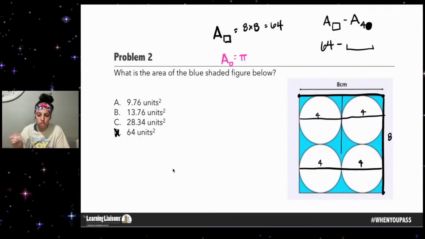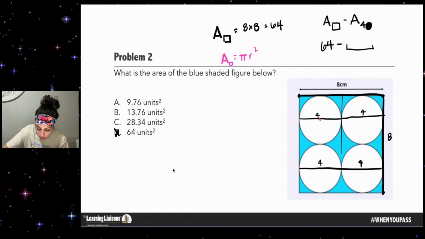The area of 4 circles is going to be 4 pi r squared. Because I have 4 of the same circle, right? If it was 4 of a different kind of circle, then we would clearly need to do something else. But they're all the same. So I am going to do pi r squared. But what is r?